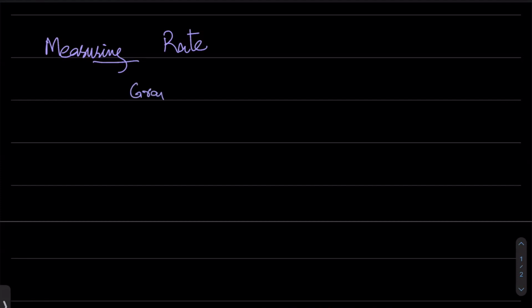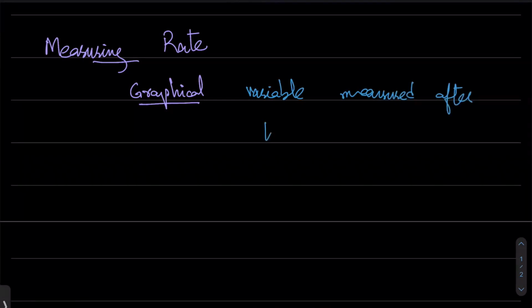So in the graphical method, what we do is that we take one thing that we can measure after intervals. So we take a variable and we measure it after time intervals. Okay. So we obviously take those measurements. We're able to make a graph by first taking the time in seconds or minutes.